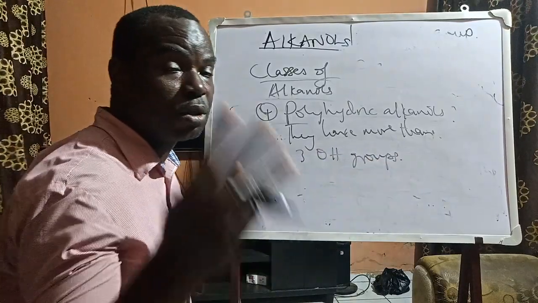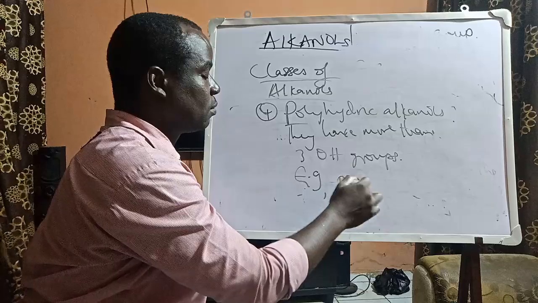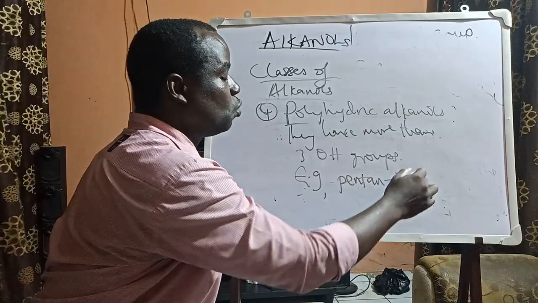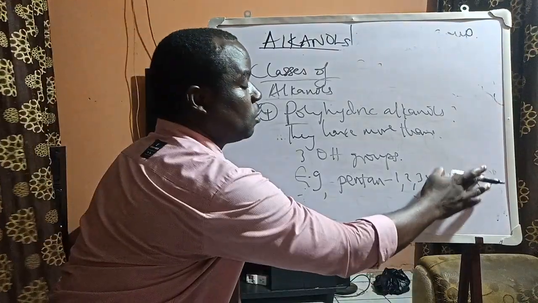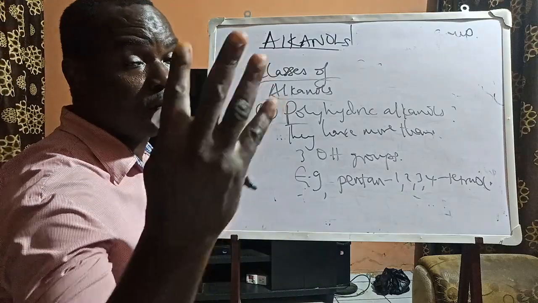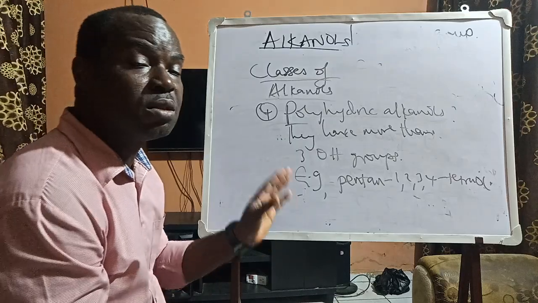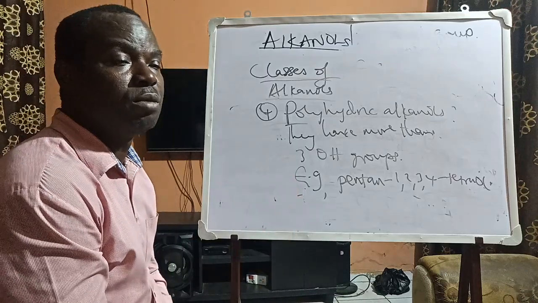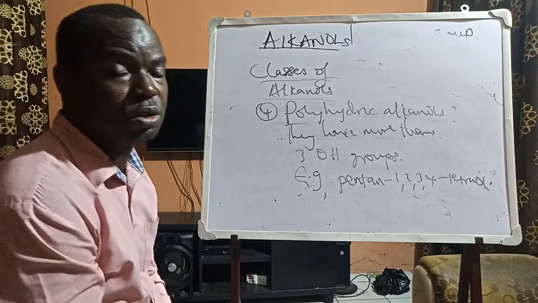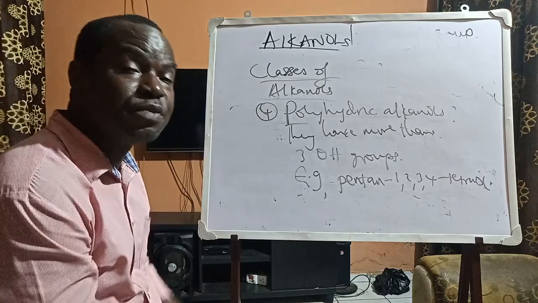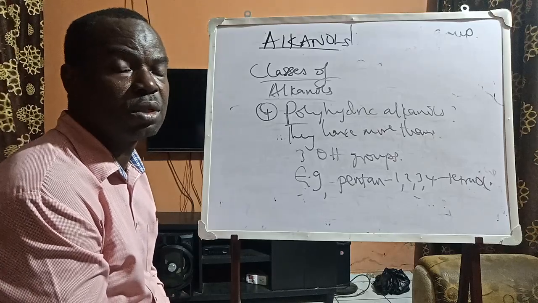They have more than what? 3 OH groups, e.g. pentan 1, 2, 3, 4 tetrol. So in chemistry, the word tetra means 4. Take note of that, okay? So that brings us to the end of this particular video. Remember, we have discussed types of alkanols and classes of alkanols. Take note of that. In the next video, we are going to be discussing general properties of alkanols.